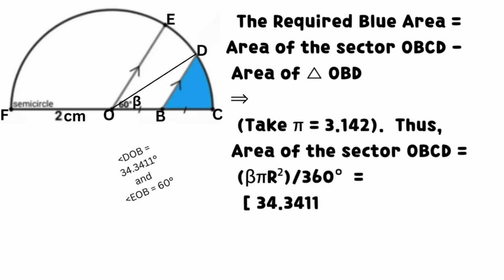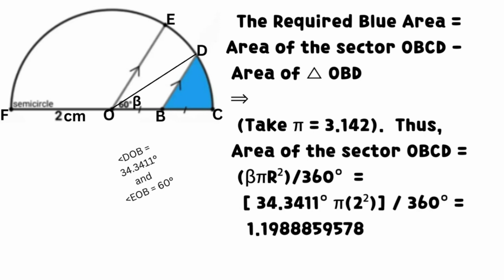Take pi to be equal to 3.142. Thus, the area of the sector OBCD equals the product of beta, pi and the square of r all divided by 360 degrees, which equals 1.198885957 square centimeters.